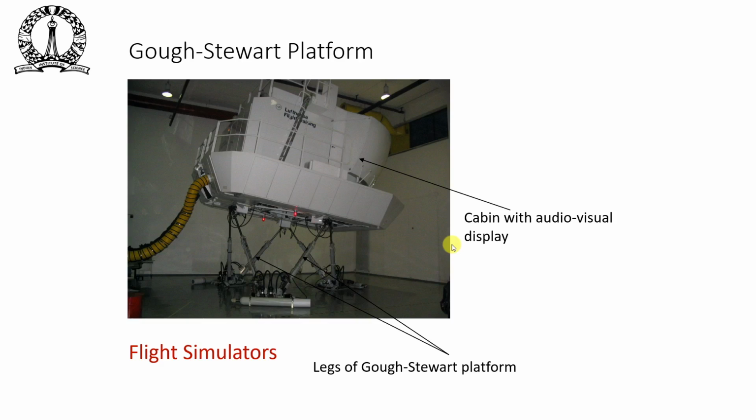And then when you move the joystick or the controls of an airplane, this top platform can move in those 6 degrees of freedom. It can do XYZ translation and roll, pitch, yaw. So hence, depending on what is projected on those screens, you can be trained to fly an aircraft. So this is one of the most common uses of a Gough-Stewart platform as a flight simulator.